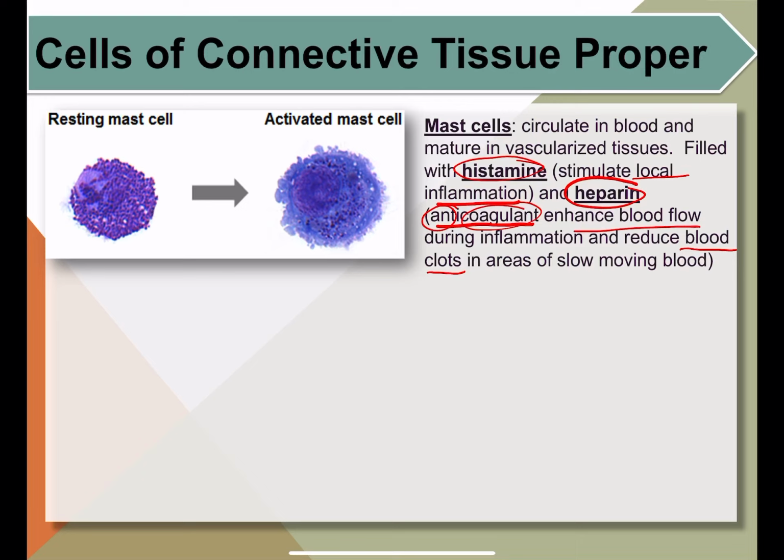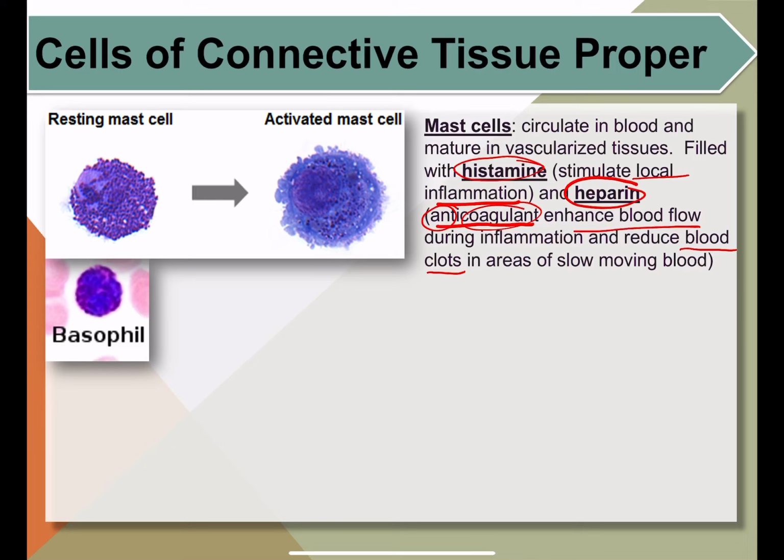Well, we don't want those clotting factors to start coagulating in other places where they're not supposed to, so that we end up with a bad blood clot within our blood vessels. That's why they release heparin, to make sure that wherever there's not supposed to be blood clotting, it won't occur.